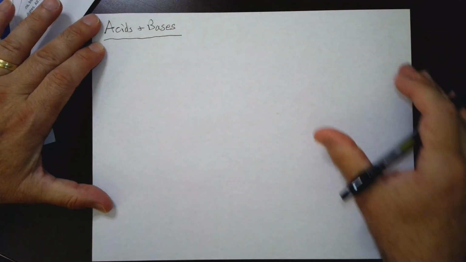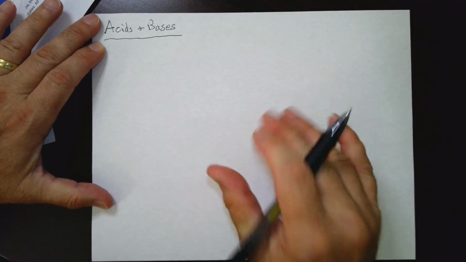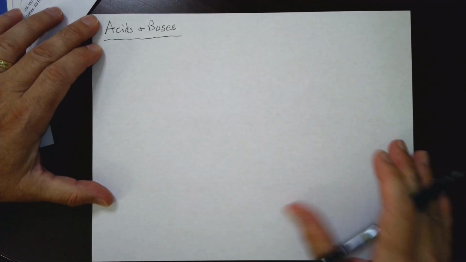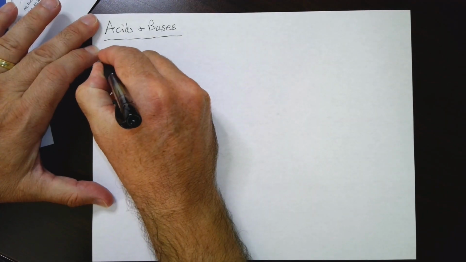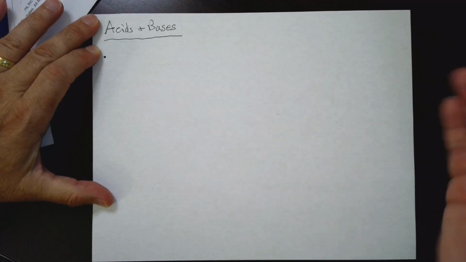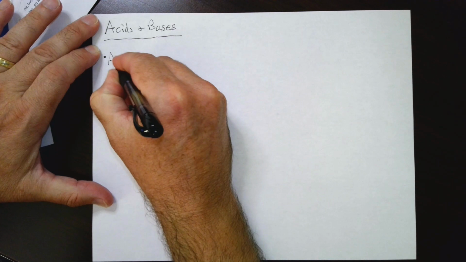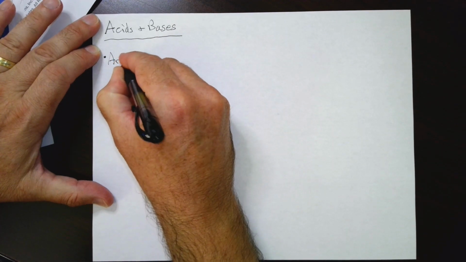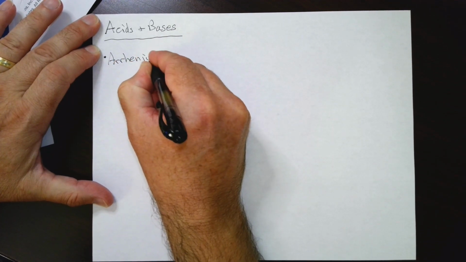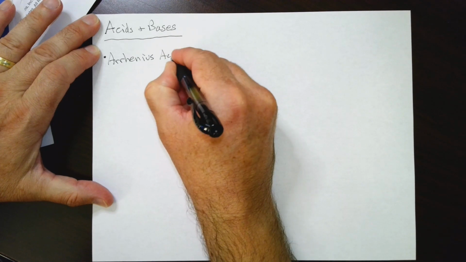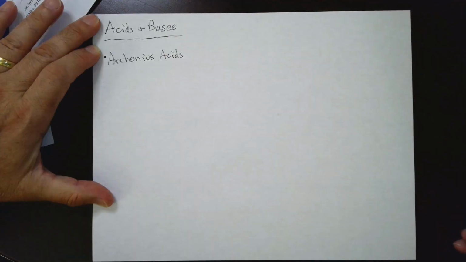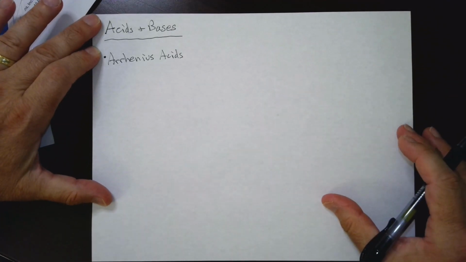Now you probably remember, hopefully, some of the definitions of acids and bases from previous classes that you've taken, Chem 31, Chem 1A, Chem 1B. We have the Arrhenius acids and bases.